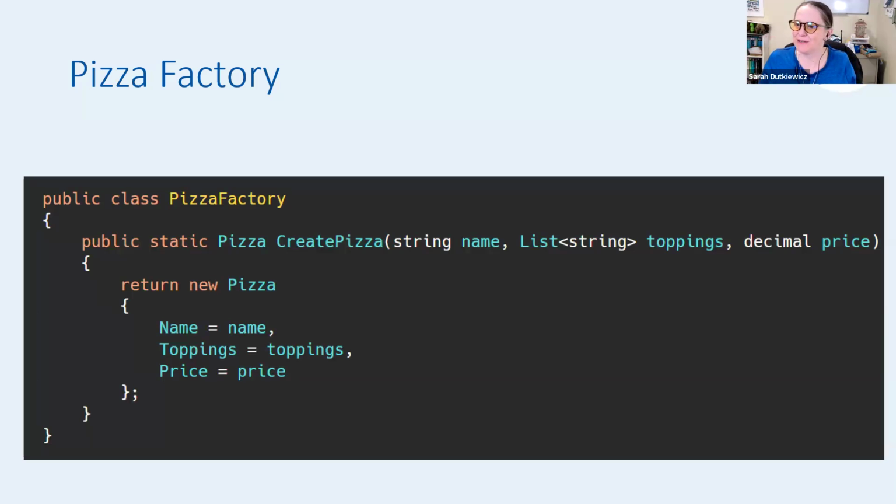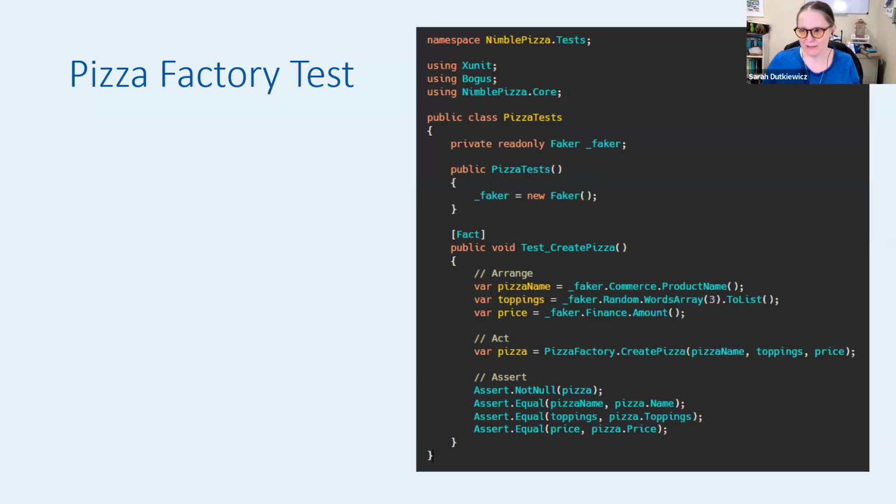This pizza factory we do use elsewhere, so I will talk to you about how you can incorporate these design patterns, mixing them and matching them as you need to. I am using a library called Bogus. I have to give a shout out to my teammate Kyle for mentioning Bogus one day to me, and I was like, what is Bogus? And I was talking with another client, and they're like, is Bogus for real?